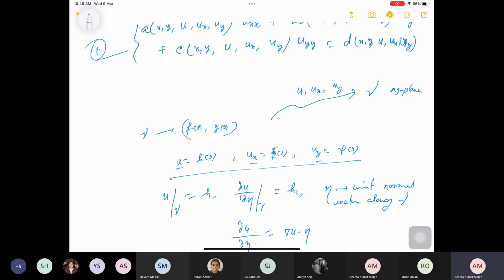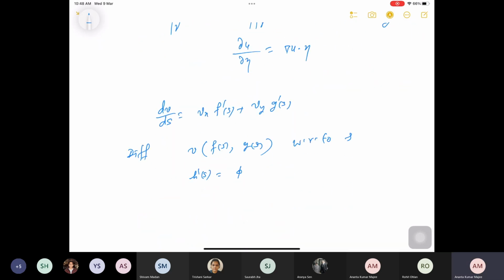So along my given curve gamma, I know the functional value and then the first derivatives, which are v of x and v of y. Gamma is parameterized so that v is my h of s, and the partial derivatives are phi of s and psi of s. The total derivative with respect to s, dv ds, is nothing but v of x f prime of s plus v of y g prime of s.